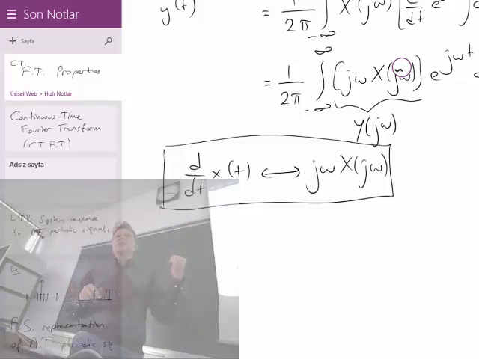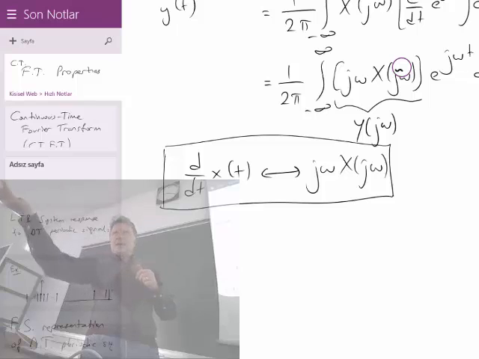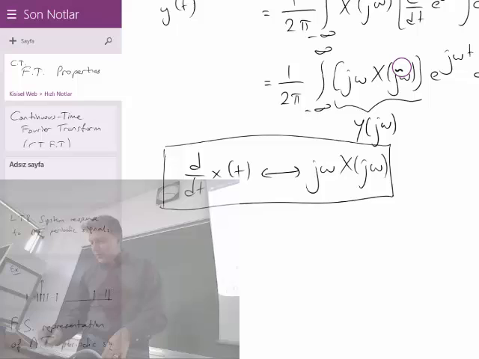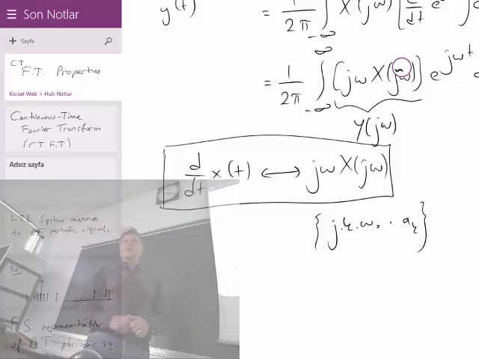If you take the time derivative, the Fourier series coefficients will be equal to a_k times j times k times omega 0. These were the Fourier series coefficients, if you remember.